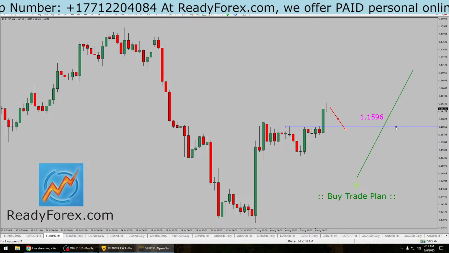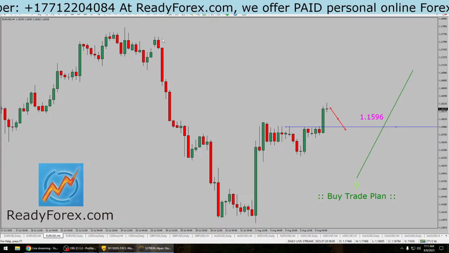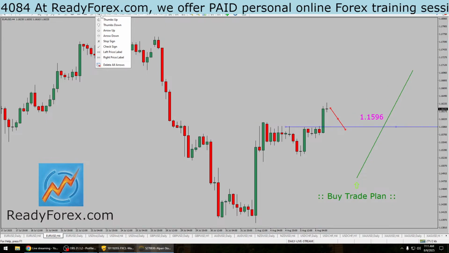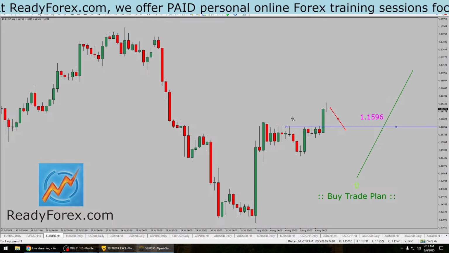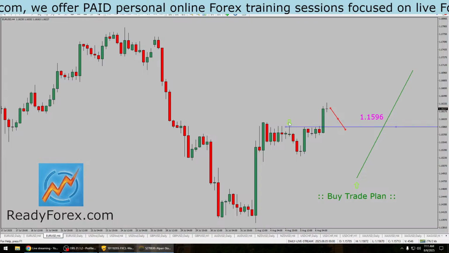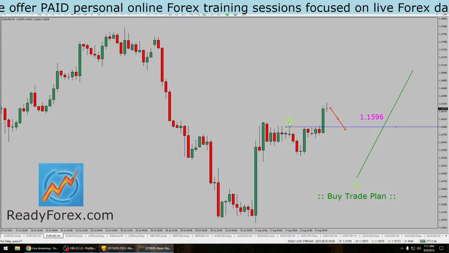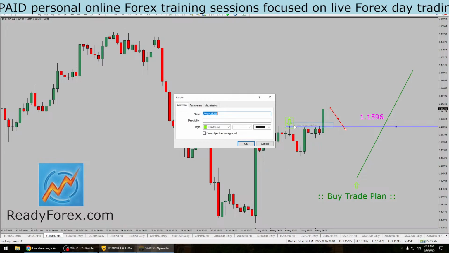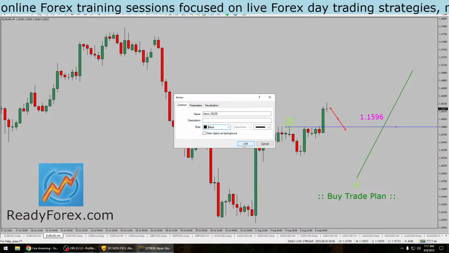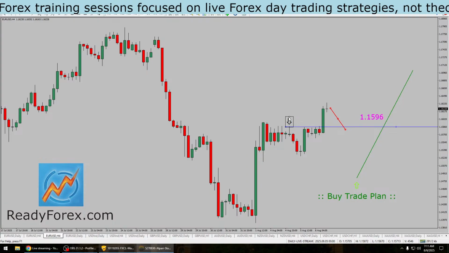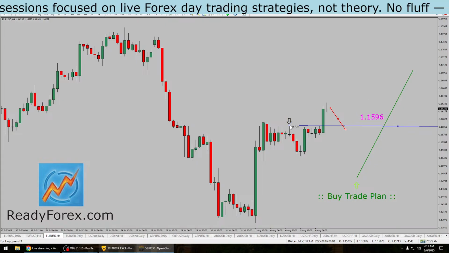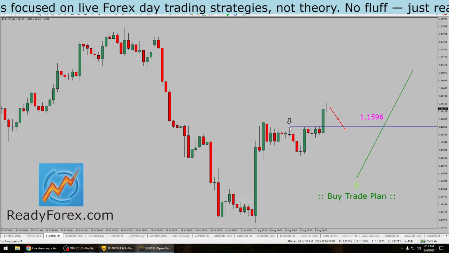I'm going to draw an arrow. So this is where we got the doji candlestick right over here. Let me change the color to black. So this is the candlestick right over here.